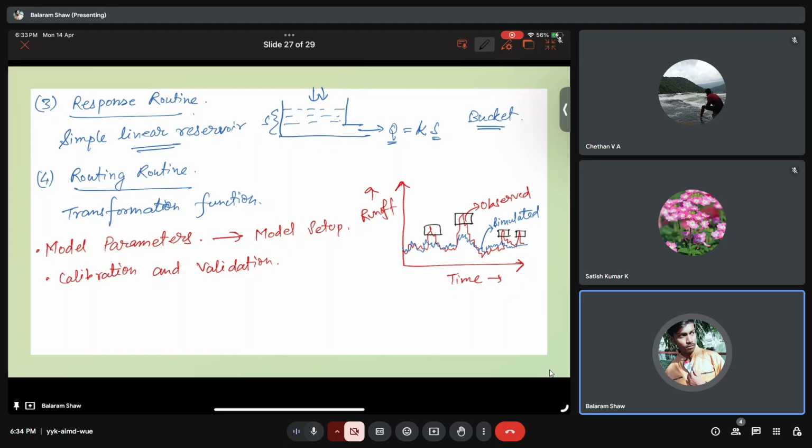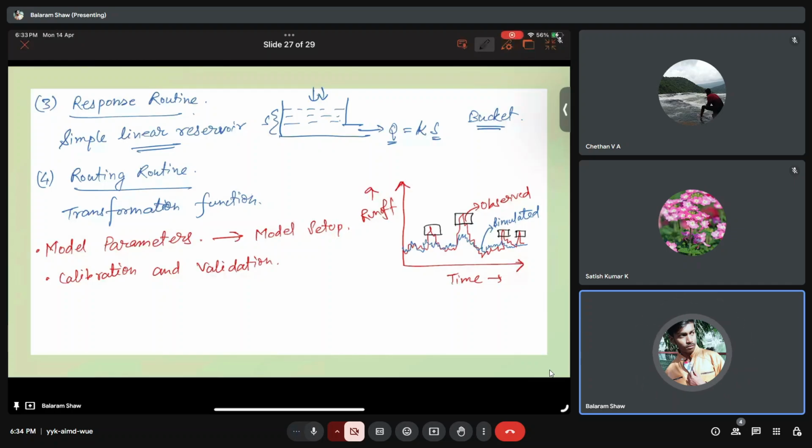So after calibration, if you see that the performance metric is performing well, you use the remaining runoff values for the validation, right? Generally people use 70% for calibration and 30% for validation. Then you check whether in the validation also you are getting good performance metrics.